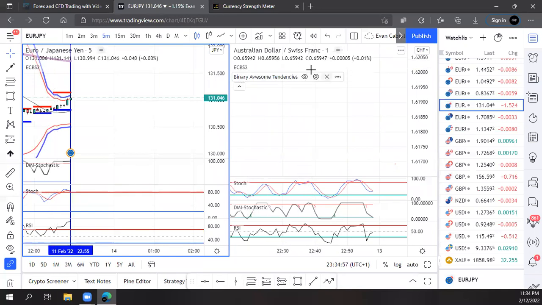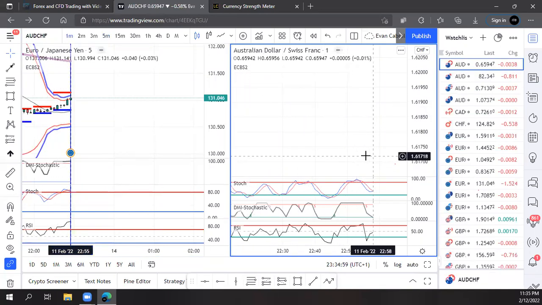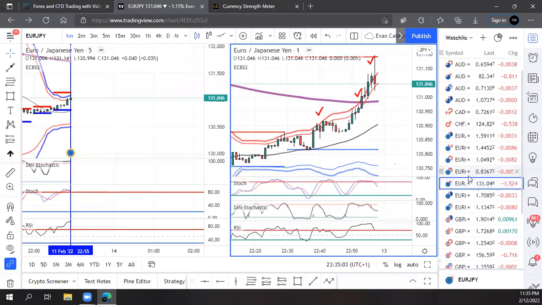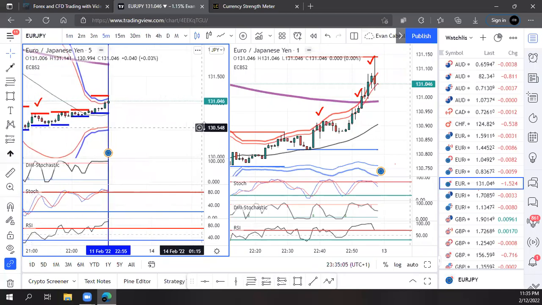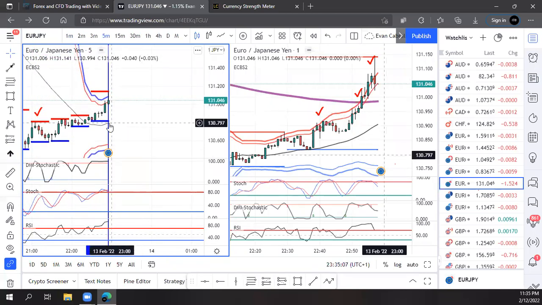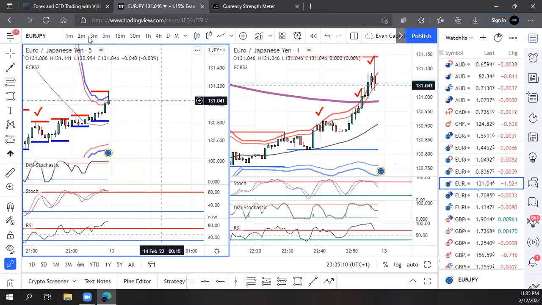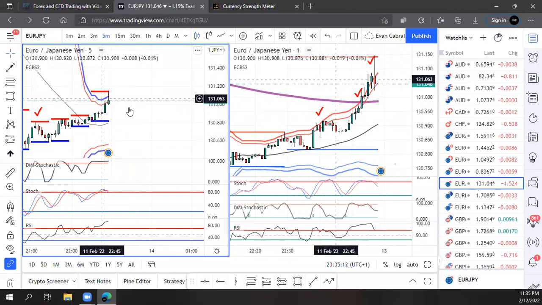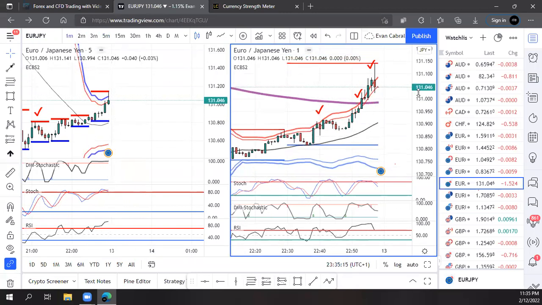All I'm supposed to do is click on my Euro JPY, and you see that we have the same thing. This first part is your 5 minutes time frame, and this is your 1 minute time frame.